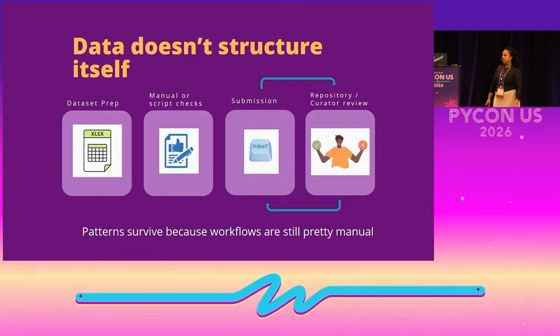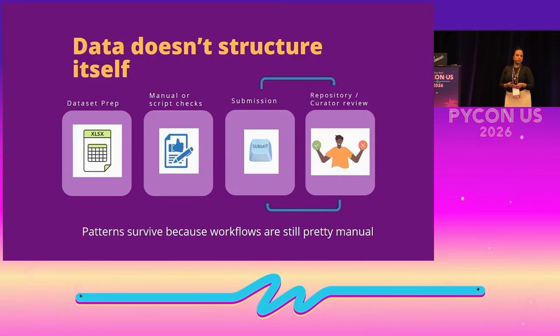Data doesn't structure itself, right? There are a lot of people working on it. It starts with a workflow where you have a bunch of spreadsheets, and you're inputting data with a bunch of rows and multiple people working on it if you're on a team. There's a lot of emailing back and forth about updates and prepping that data to be submitted.